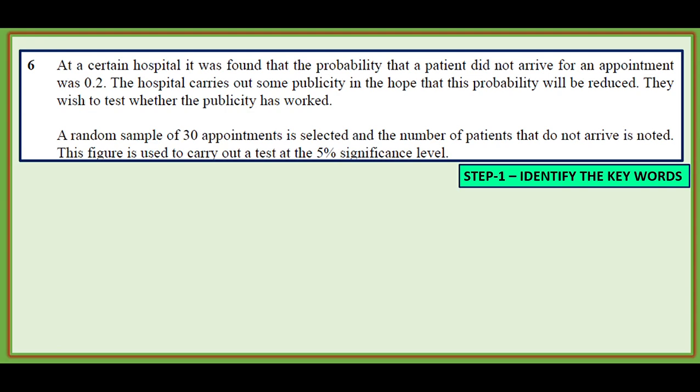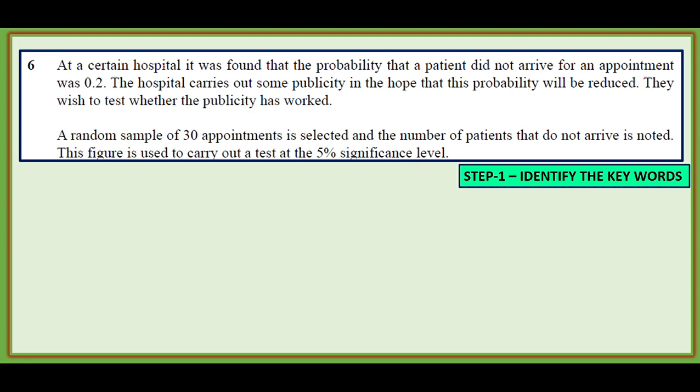A random sample of 30 appointments is selected and the number of patients that do not arrive is noted. This figure is used to carry out a test at the 5% significant level. So they want us to carry out a test at 5% significant level and come to the conclusion whether the publicity has worked or not.